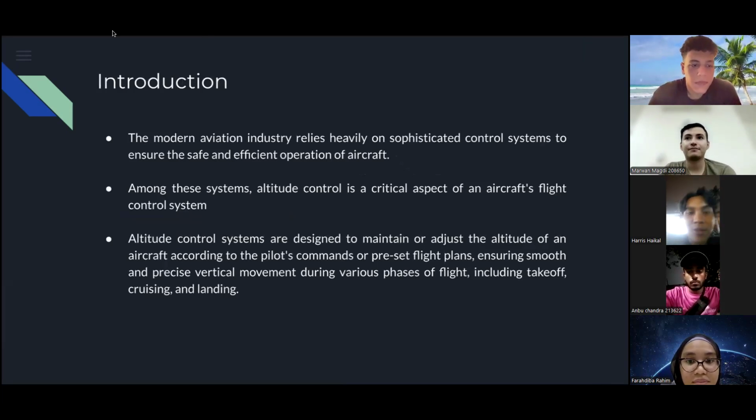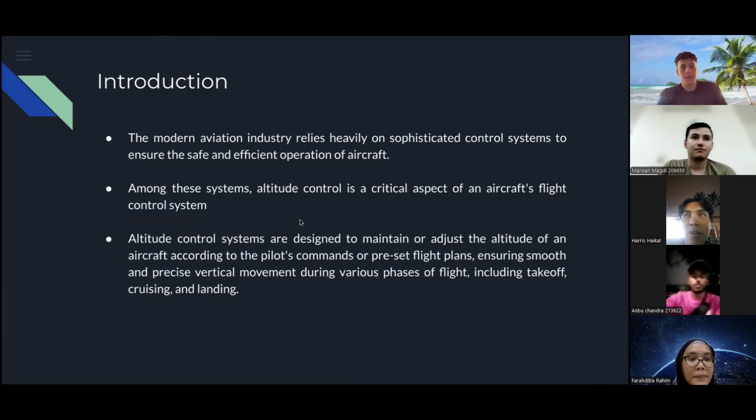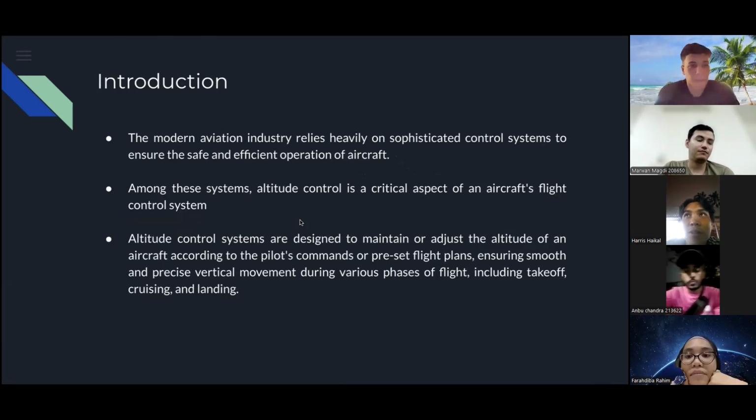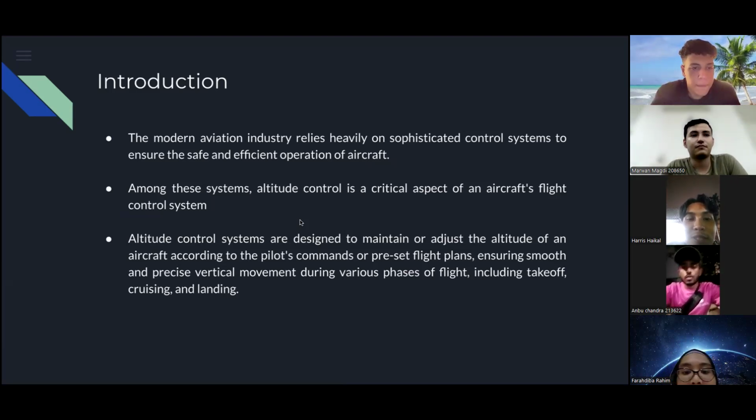Okay, so let me go for the introduction first. We have chosen the altitude control system as the part of our research. The modern aviation industry relies heavily on sophisticated control systems to ensure the safe and efficient operation of aircraft.